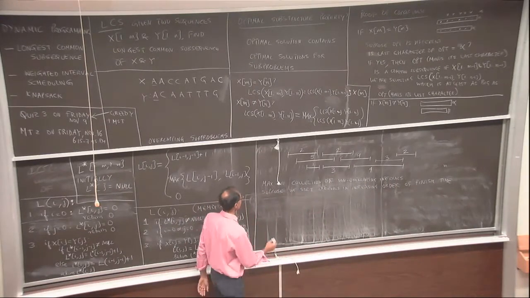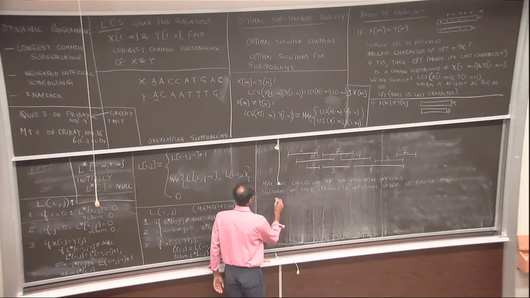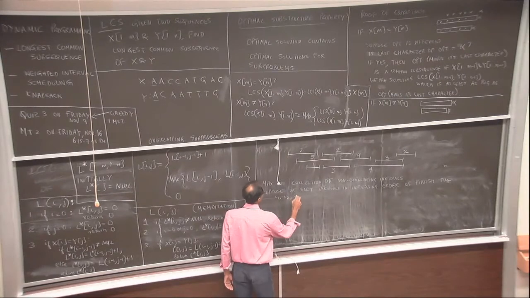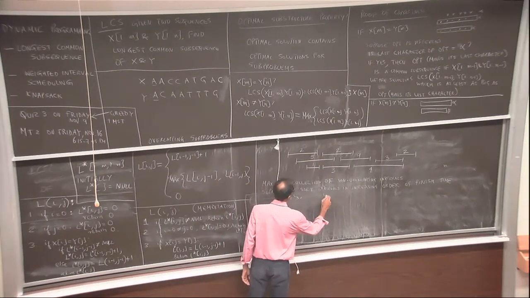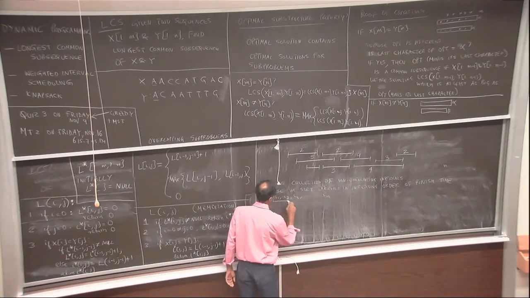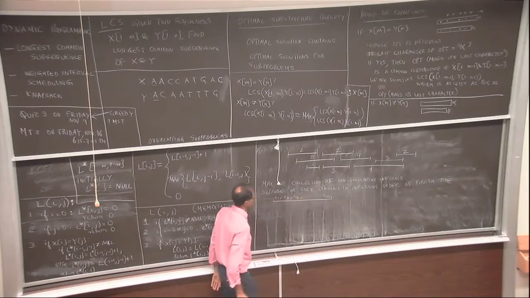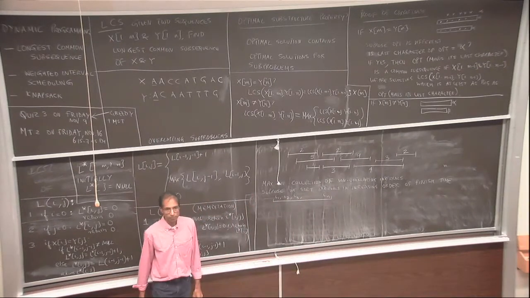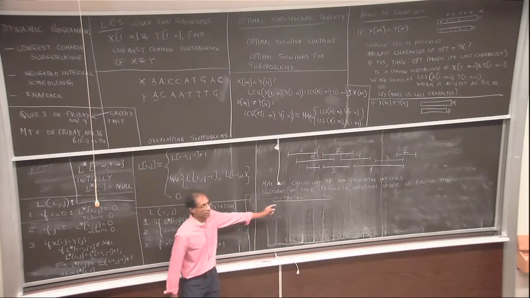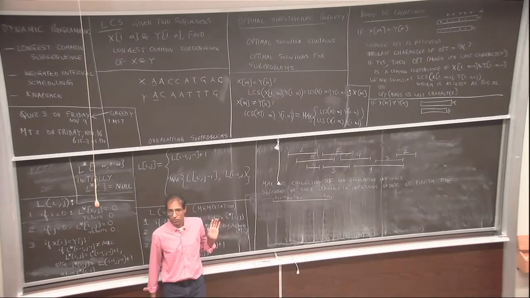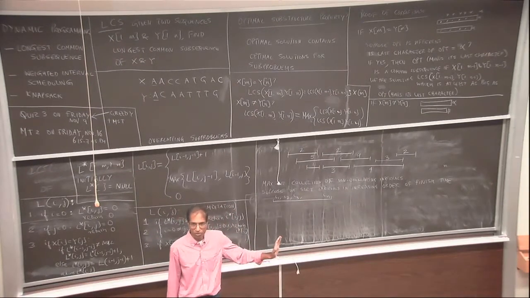Let's say these intervals now are I1, I2, I3, In. So these are n intervals, all sorted by finish time.